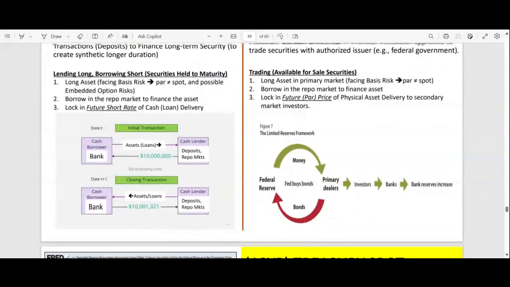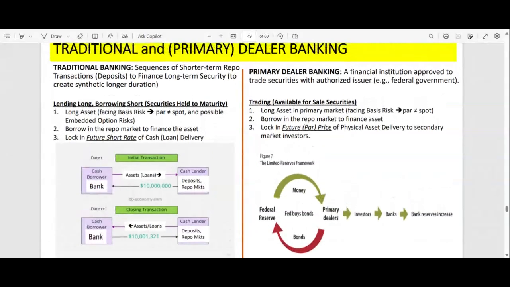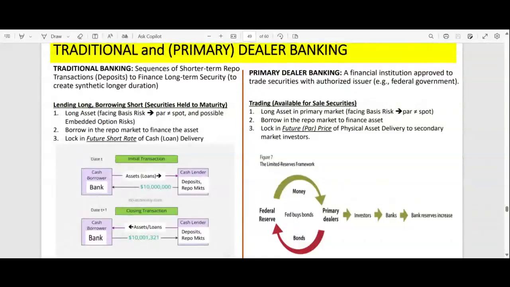Now, likewise, let's say that the Fed wants to buy U.S. Treasuries, because the Fed can only buy those instruments in the secondary market. So a financial institution, Bank of America, can trade securities with the U.S. Treasury. They go and buy the asset from the U.S. Treasury and they face the basis risk.